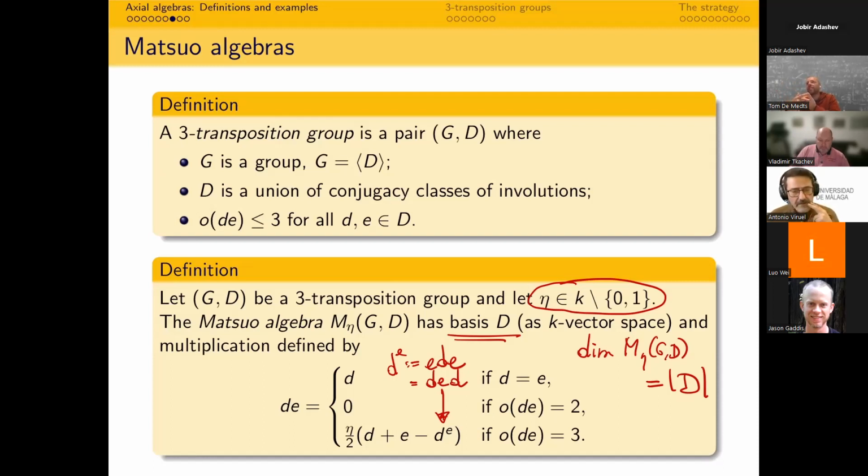So there are ways to construct algebras starting from the representation theory of the actual groups. And in many cases, they will actually be axial.